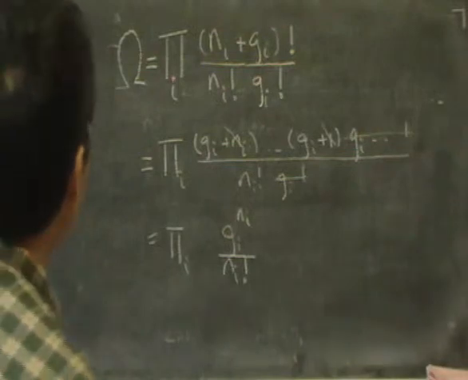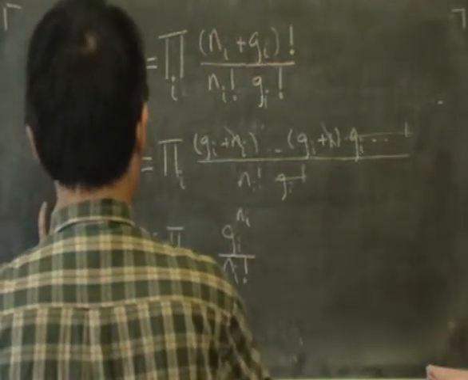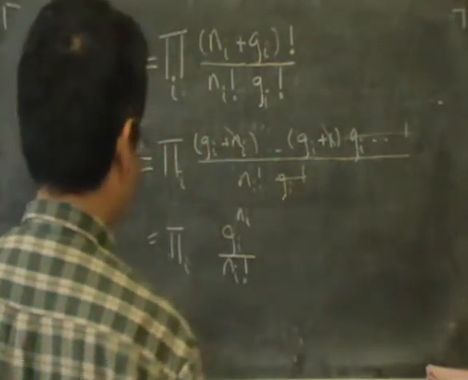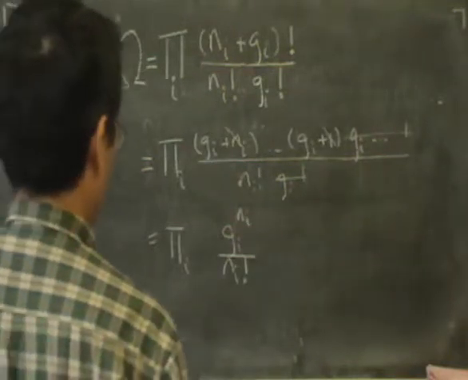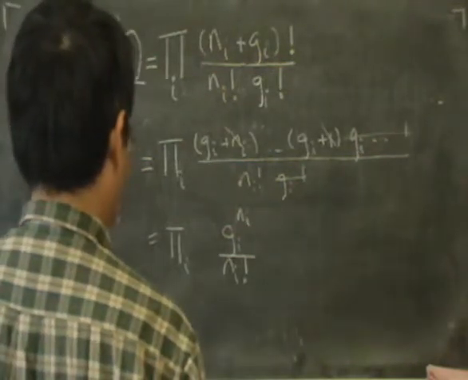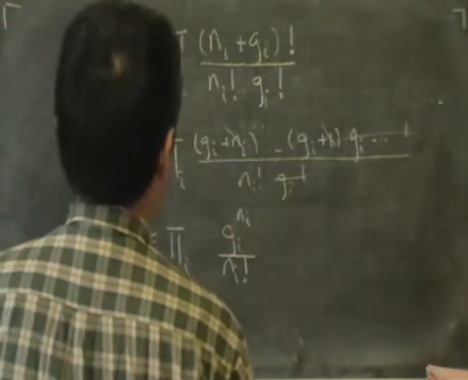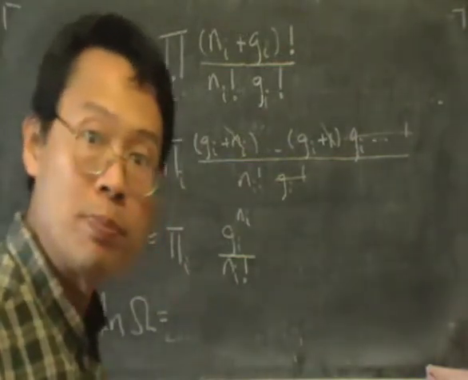First we want to apply Stirling's formula. So for Stirling's formula, we first take the log. If I take the log, then the product becomes a sum.